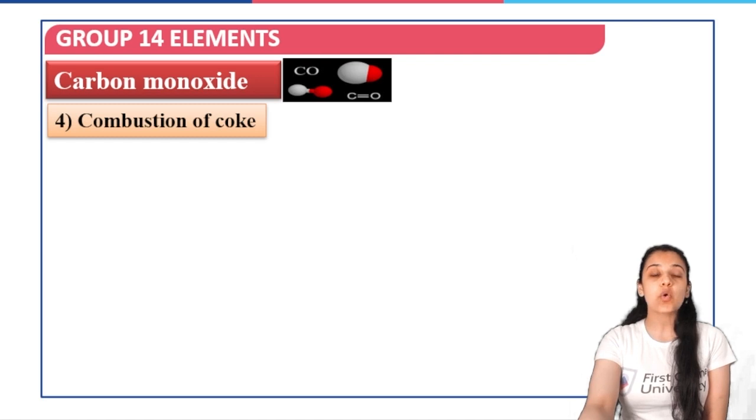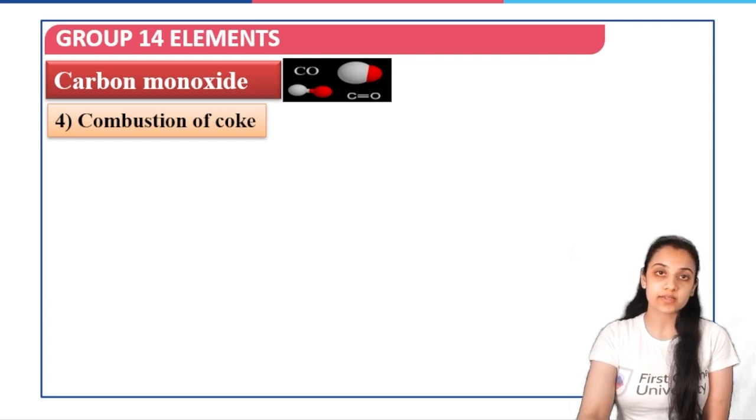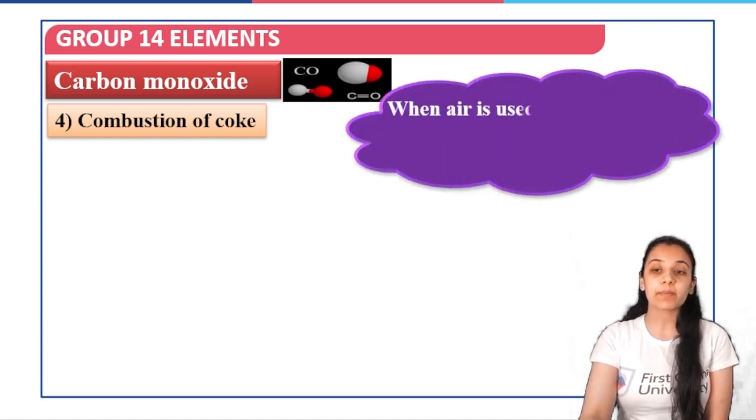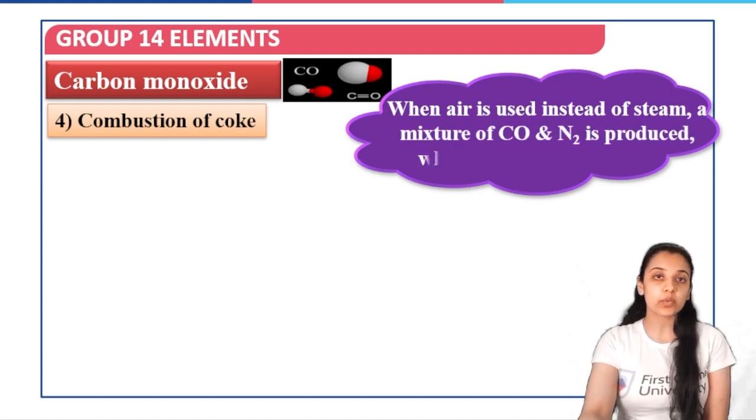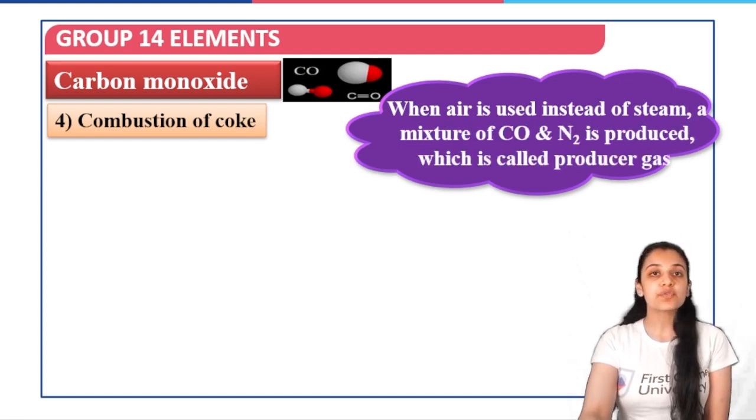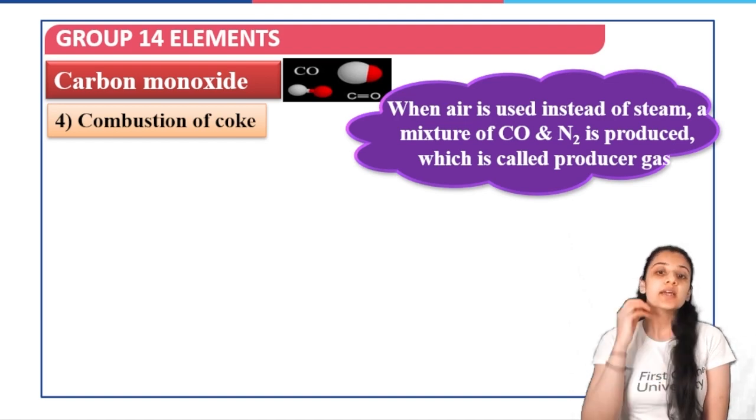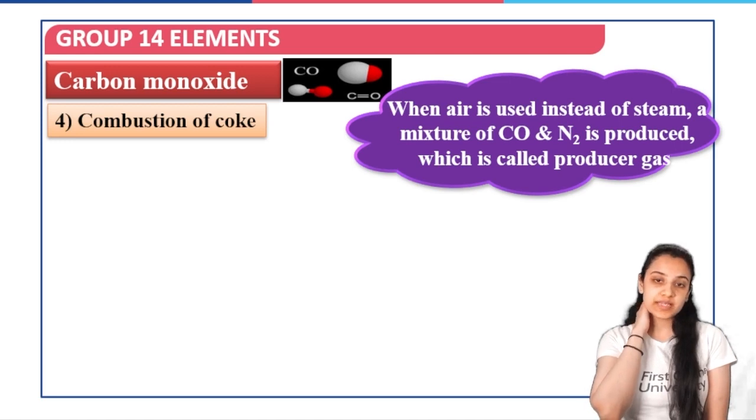The next method of preparation of carbon monoxide is combustion of coke. If we take coke, that is nothing but solid carbon, when air is used instead of steam, so here, instead of water in the gaseous form, we are making use of air for the same purpose. When we pass air, that is O2, we get a mixture of CO, that is carbon monoxide, and N2 being produced.